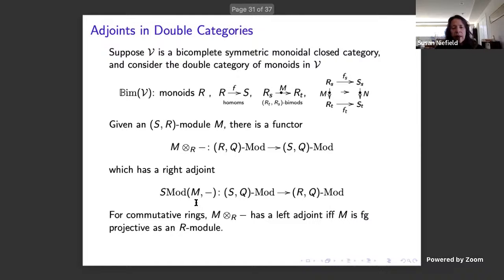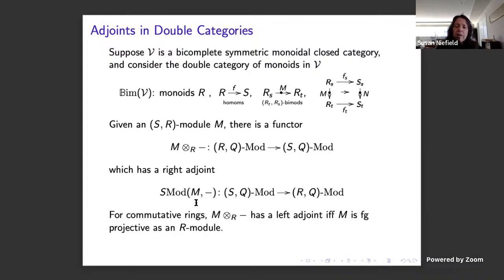Okay. And it's well known that for commutative rings, M tensor over R blank has a left adjoint if and only if M is finitely generated and projective as an R module. And the work with Wood, in the commutative case, was having a proof that we could then apply, a theorem we could then apply to rigs and quantales.